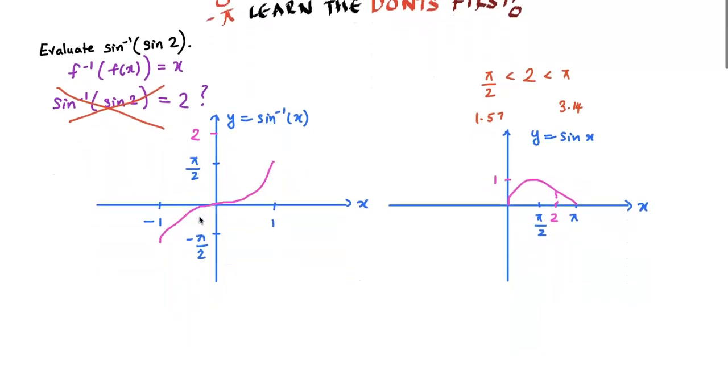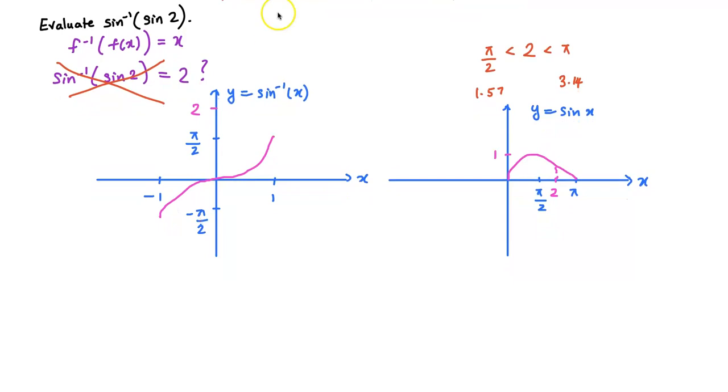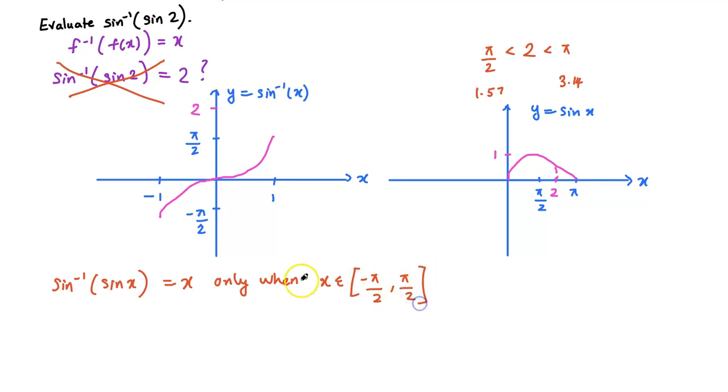So that is the key lesson to be learned: sine inverse of sine x equals x only when x belongs to this range. Only for these values of x can we use the standard form of f inverse of f of x. So that is the key lesson learned.